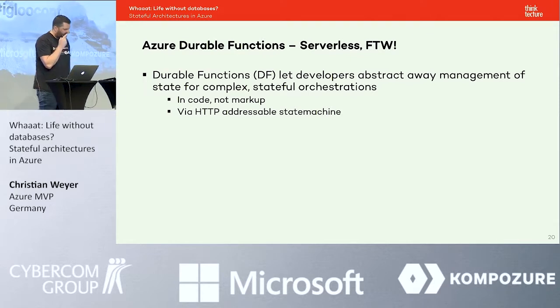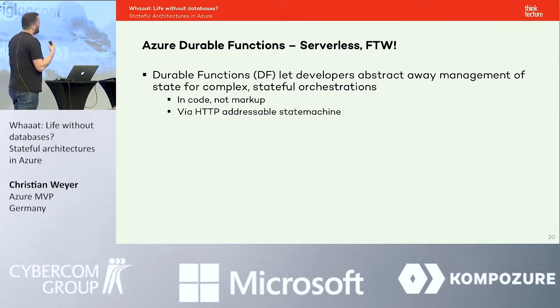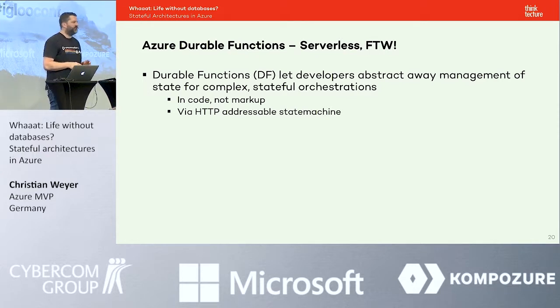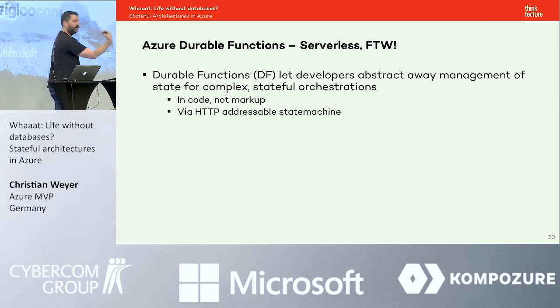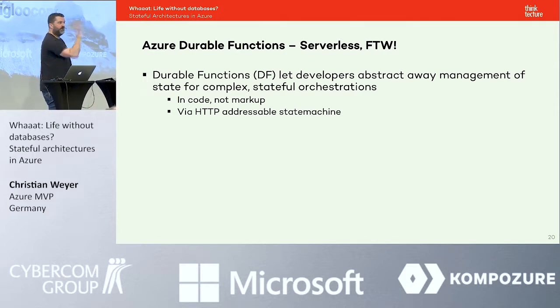So what Durable Functions allows you is to abstract away the management of state for complex stateful orchestrations, and we can just write code. The interesting part is that we are able to model a state machine, and that state machine is being exposed as an HTTP API. So we can talk to the state machine in a REST-ish way.